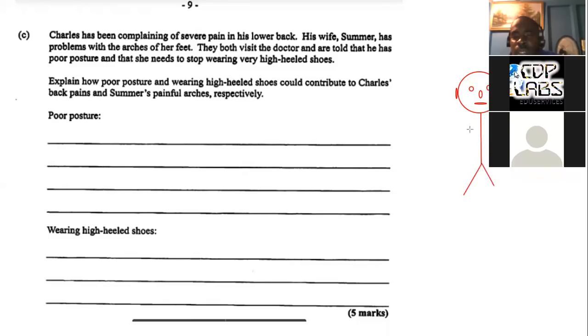Now he's complaining about his lower back. So let us say he's complaining about this side, the lower back. Good? So you have to know where the lower back is. Touch your lower back and tell me what is down there.